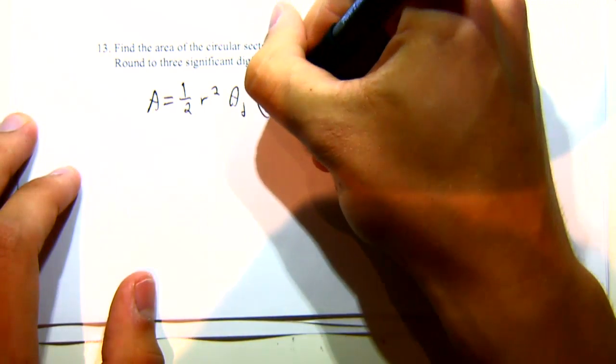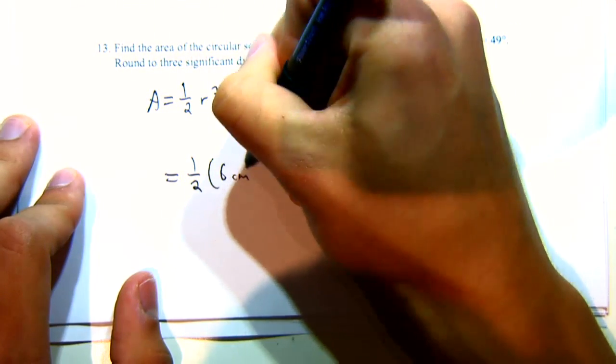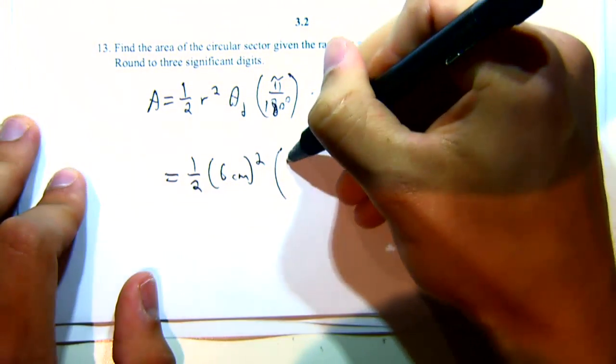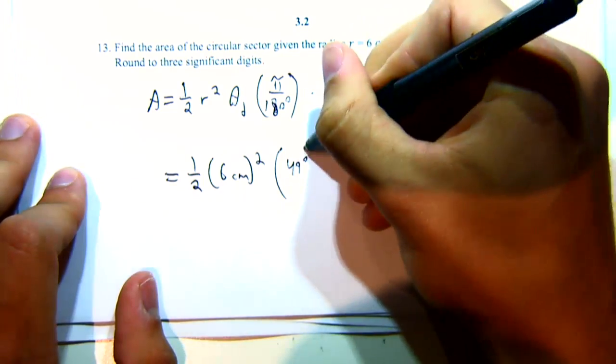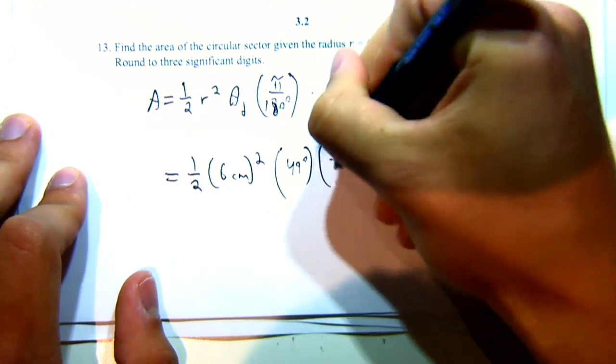Alright, so now we just plug and chug. So we have 6 centimeters squared here. Theta is 49 degrees. Multiply by pi over 180 degrees.